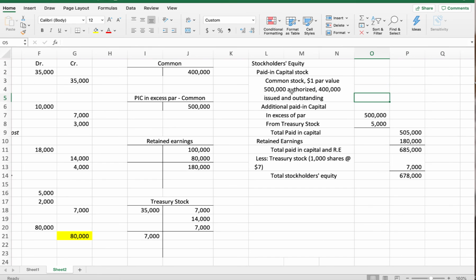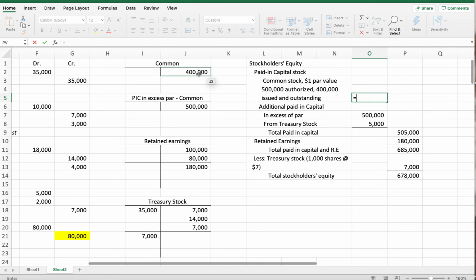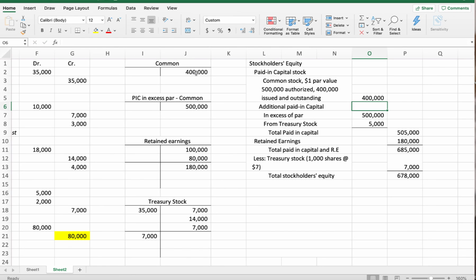I forgot to put in the value of our common stock. Okay. So now if I add all this up, now we're good. Okay. So I just forgot to put in a number.